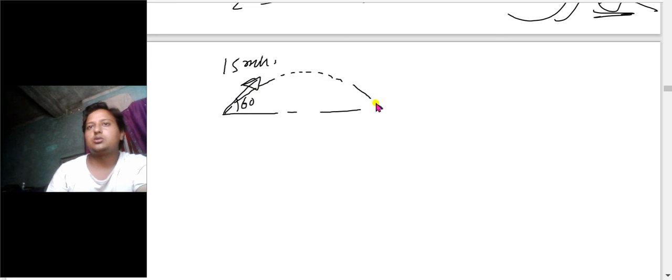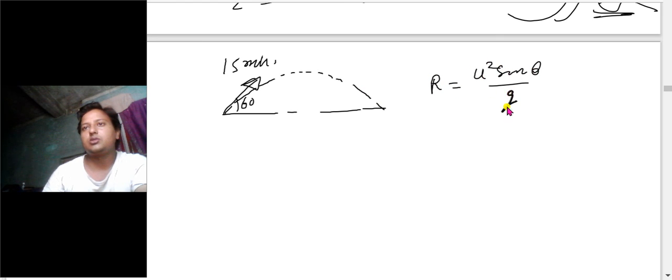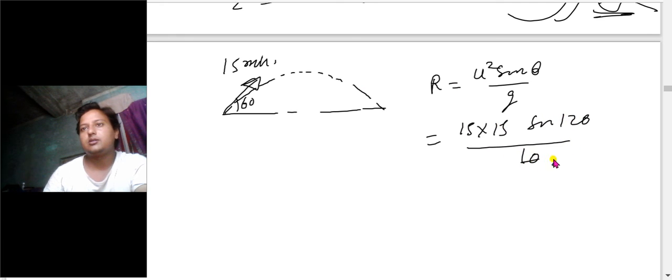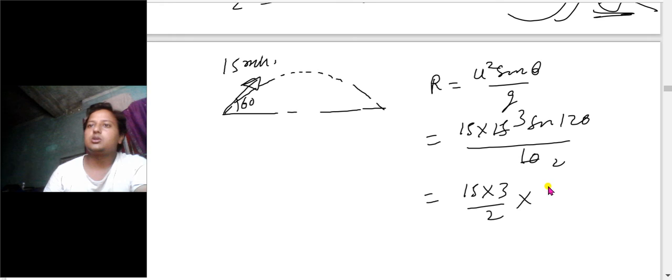So the projectile goes along a parabolic path. Range formula is u square sin 2 theta over g. 15 multiply 15 sin 120 divided by 10. So that equals 15 multiply 3 over 2, sin 120 is root 3 over 2.